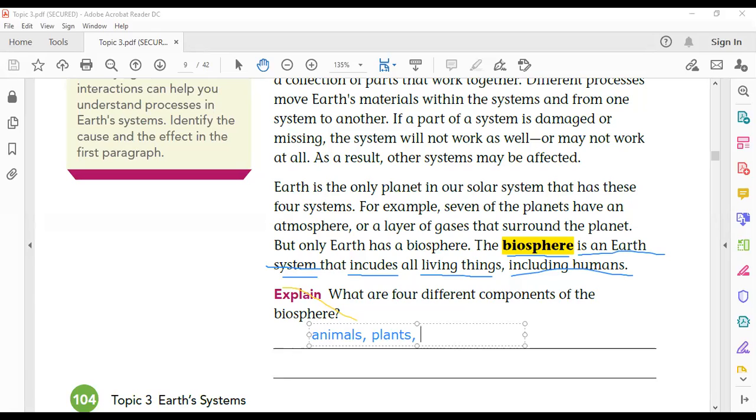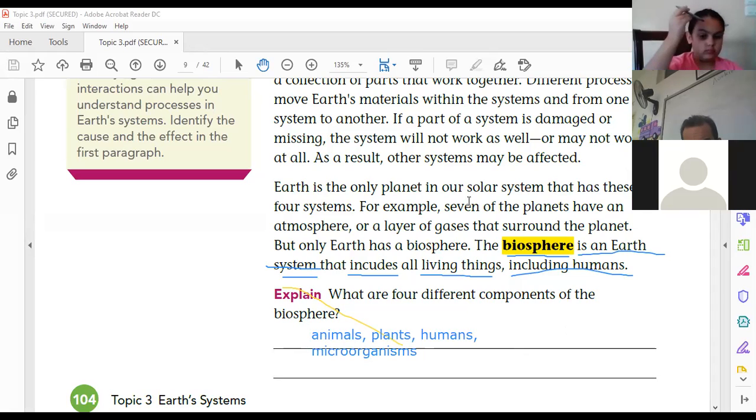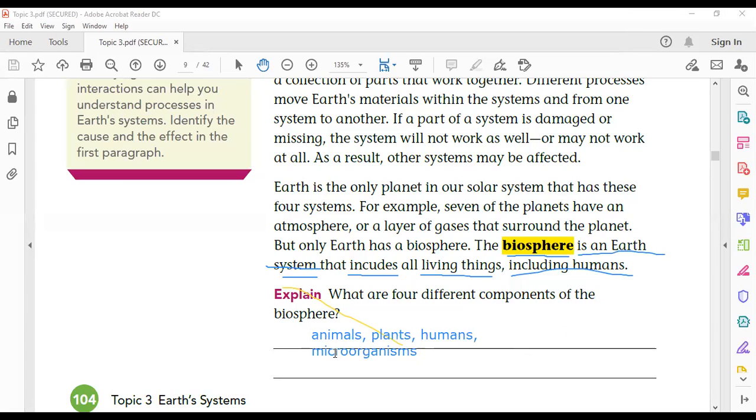We can say that humans and microorganisms. Add this to your dictionary. Who can tell me what are microorganisms? The prefix micro in science means very tiny or small.